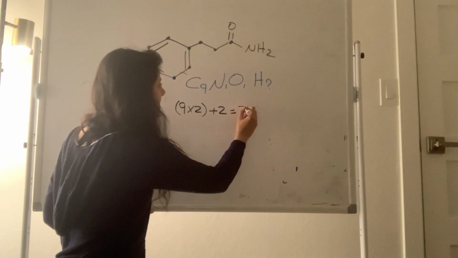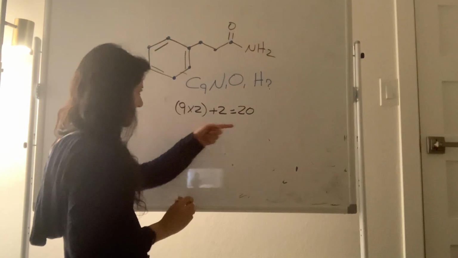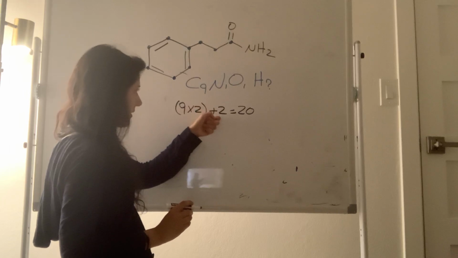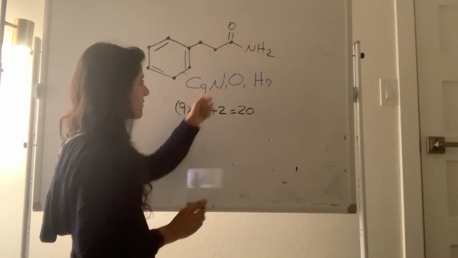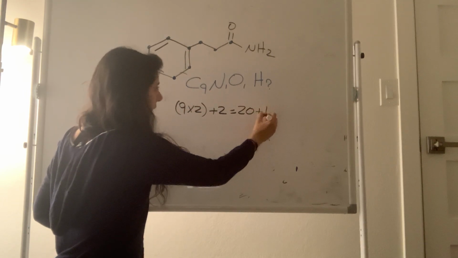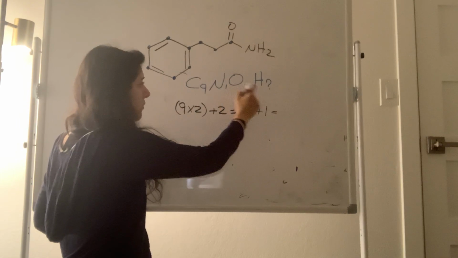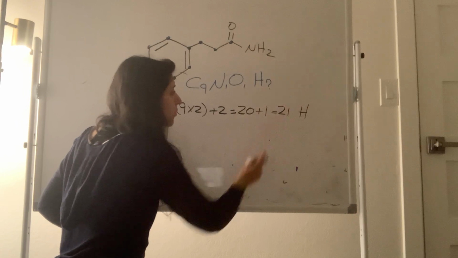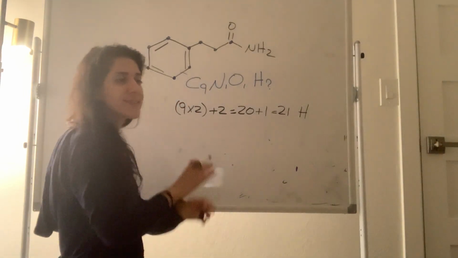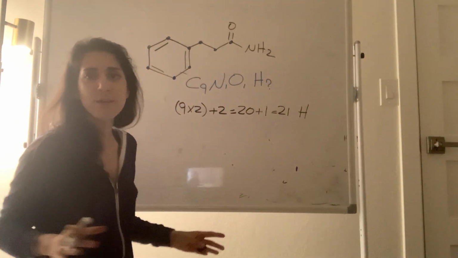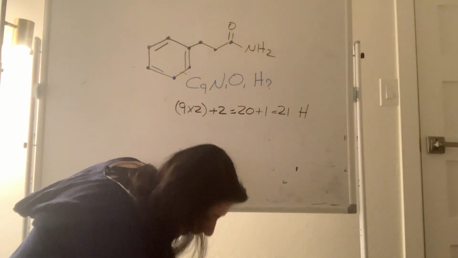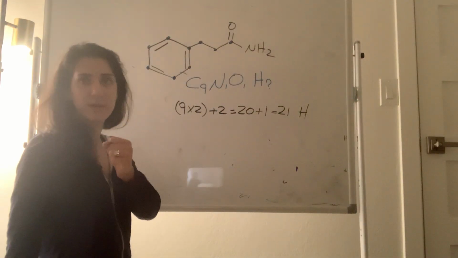That's 20 hydrogen, okay? Now, for every nitrogen, I'm going to add 1, and I do nothing for oxygen. So 21 hydrogen is what I should have if it's saturated, with just single bonds. If there's nothing but single bonds, I would have 21 hydrogen.